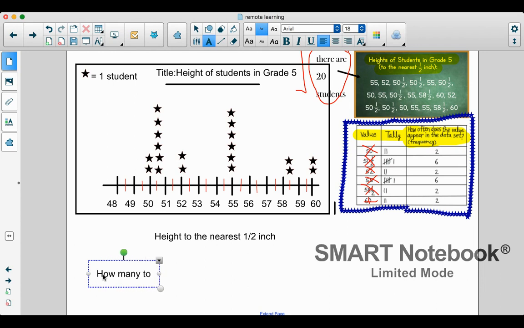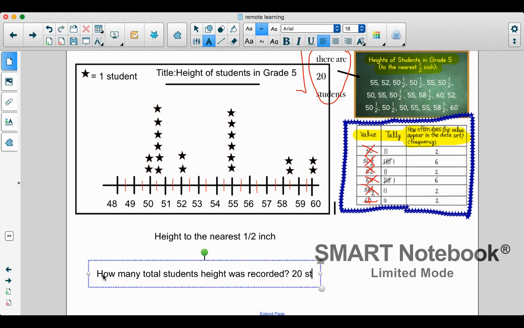How many total students' height was recorded? We said 20 students.